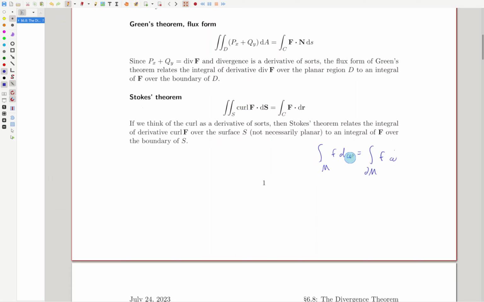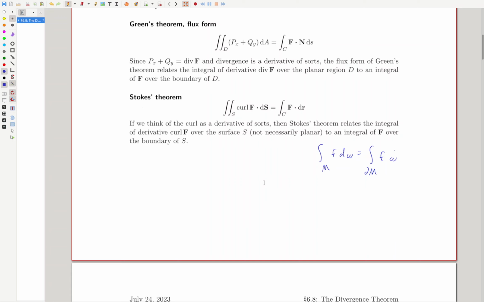On the other side, the d, instead of being in what you're integrating, shows up in the set that you're integrating over. So instead of M, which stands for manifold, the space that you're integrating over, on the other side we take the boundary of our set, which brings the dimension of our integral down by 1.